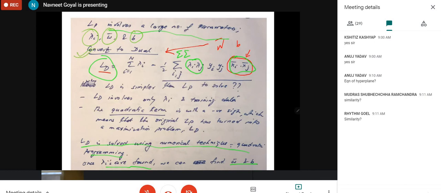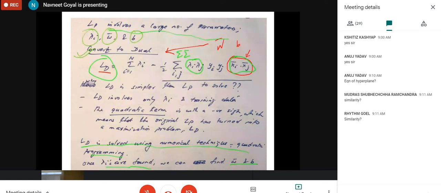We have already discussed that the dual has the same solution as the primal. But sometimes it may happen that the dual is a simpler problem to solve as compared to the primal. So if you see this, this is the dual formulation.